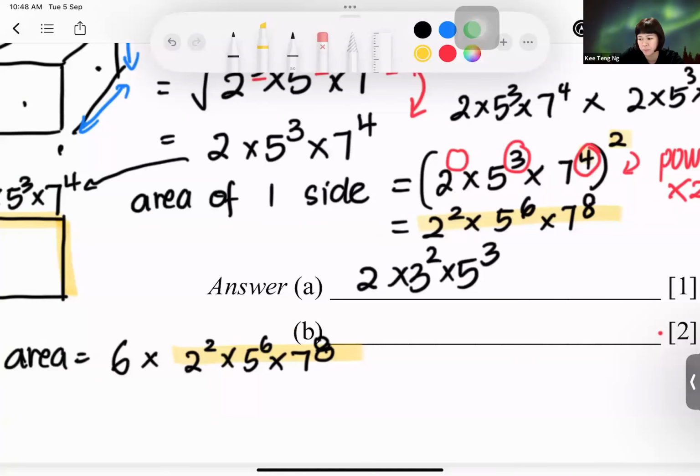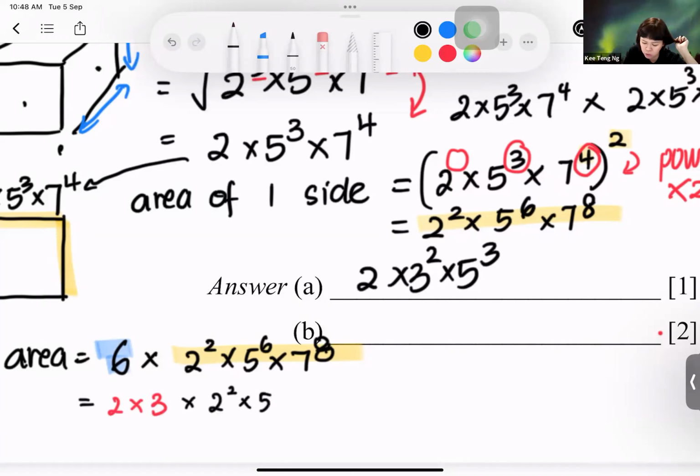Is this better? Okay, so we have this, but 6 is not broken up as a product of its prime factors. So 6 now needs to change to the prime factors 2 times 3. Then you multiply by 2 squared, and we combine prime factors.